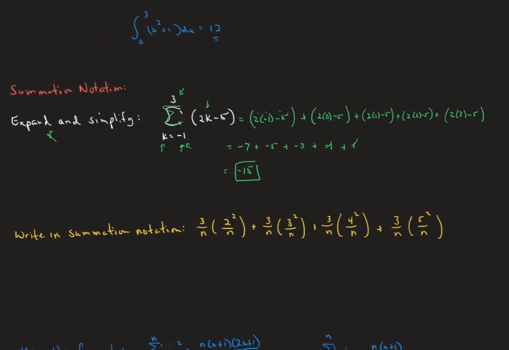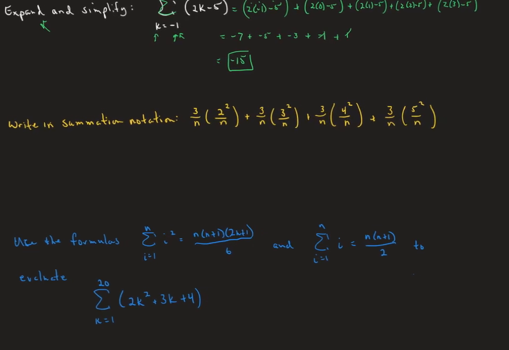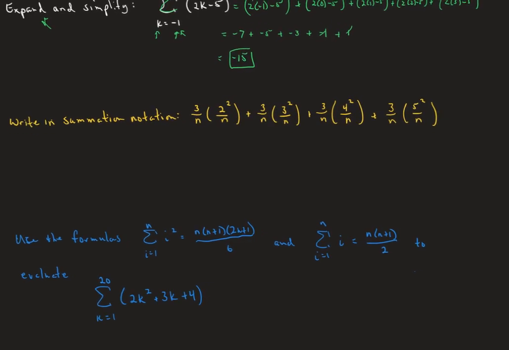Okay, let me slide it back over a little bit and up. So now we're going to go the other direction. Can we write this as a summation? And in general, there can be many different ways of doing this. So we want to see what is going to be incremented. So I'm going to say i equals. I'm going to call this the dummy variable. You can use k, j, n, m, whatever you want.